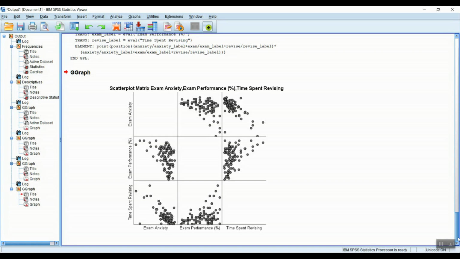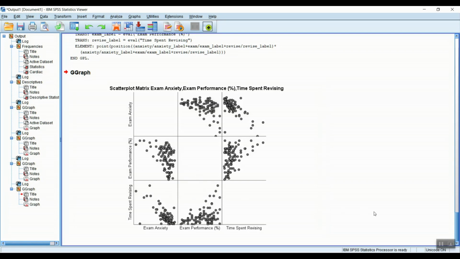So let's start by looking at the one that we looked at before, which is in this section here, which was the relationship between exam anxiety and exam performance. And we saw that quite a lot of people with exam anxiety had poor performance, but some had high performance as well.